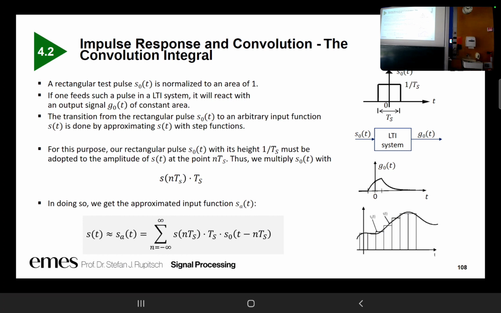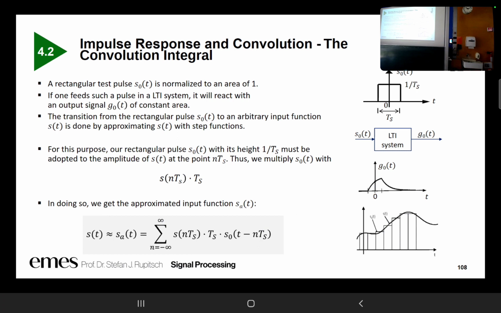Yeah, please. I don't really understand what we're trying to do. What we are trying to do here is, we know for such a simple input signal the output of our linear time invariant system. This is then the output. We apply this rectangular pulse as input, and then we obtain this output.